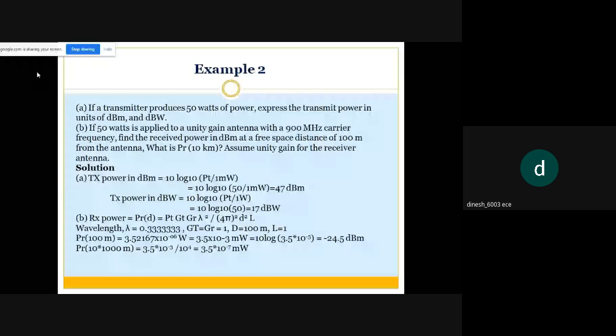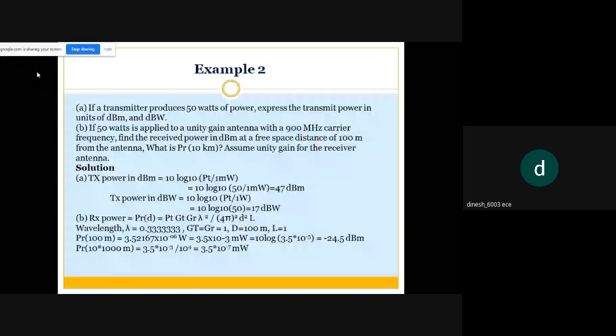So the solution is given here. We transmit 50 watts of power, PT is equal to 50 watts. We need to express it in decibel meter, that is 10 log base 10 of PT divided by 1 milliwatt.